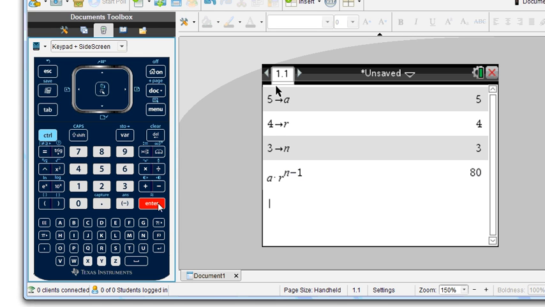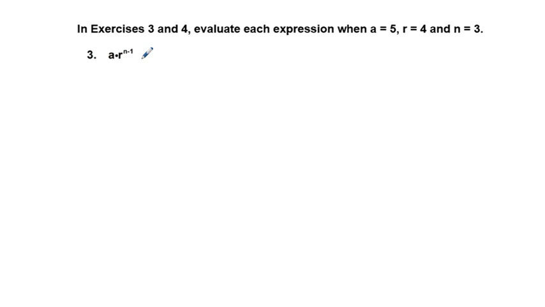We just press enter, and we get 80. That's what the book says it is, equals 80. So this was using the calculator. Sometimes the calculator can help avoid errors. We could check it out by hand.